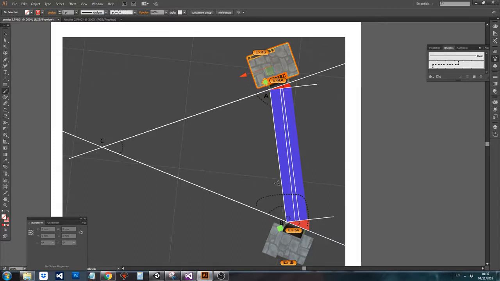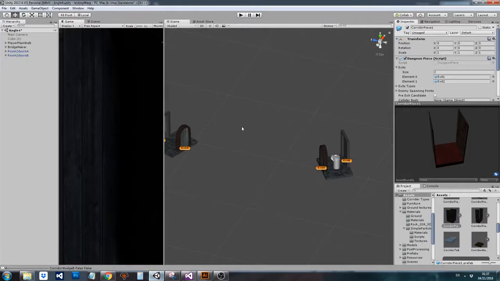We know it because it's from our square corridor, which is always 90 degrees. So we know this is 180, we know this is 90. Basically 90 plus this angle here that we know, plus this will equal 180 degrees. So we can find this angle, we can find this angle. And I'll show you how we use that in the program.